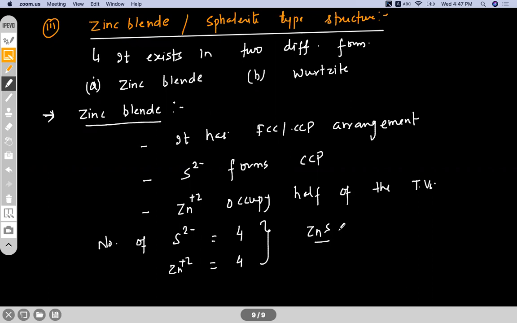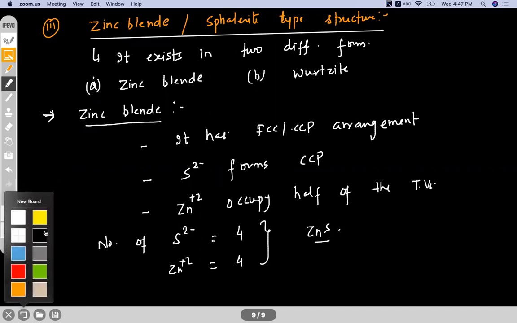Done? Okay. Next, each zinc ion is surrounded by 4 sulfide ions, 4 S2- ions, and vice versa.